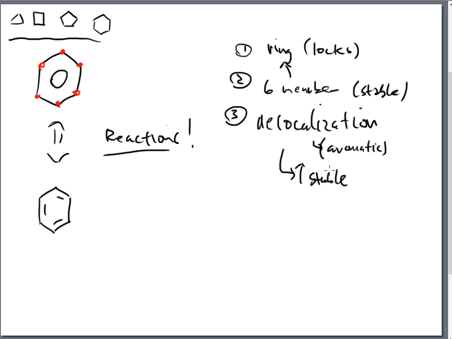So, folks, the reason that I'm going over this is because we need to start thinking about reactions. And all of a sudden now, I'm giving you a plate. And that plate is 1, it's a ring. 2, it's 6 members. Very, very stable. 3, it's delocalized. That means it's very, very stable. And 4, because of the delocalization, we don't really have true double bonds, right?